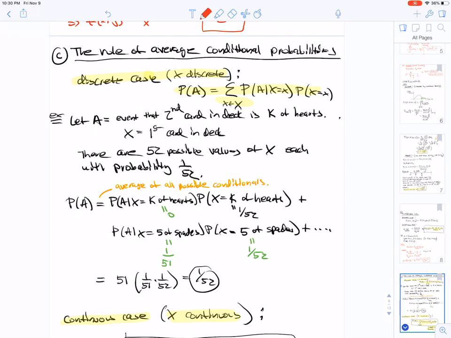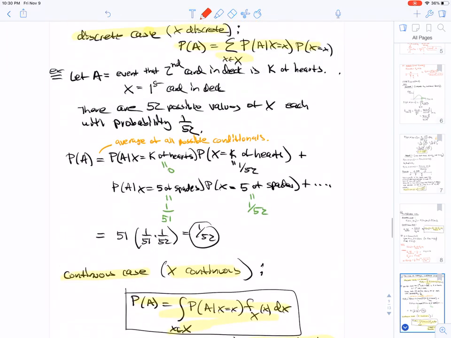So excluding that case, you have a sum of 51 non-zero terms, and the probability of each of these products is 1 over 51 times 1 over 52, so that gives us 1 over 52.